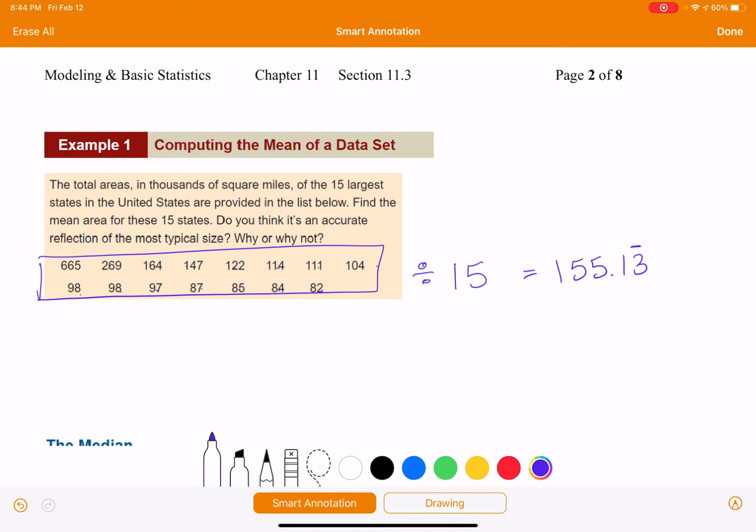Now remember, this is in thousands of square miles, so we can turn this into thousands by multiplying by 1,000 to give us a more accurate number.